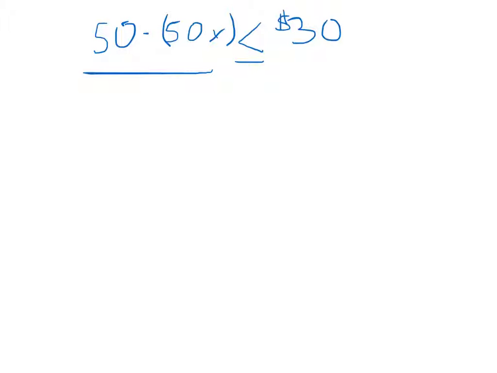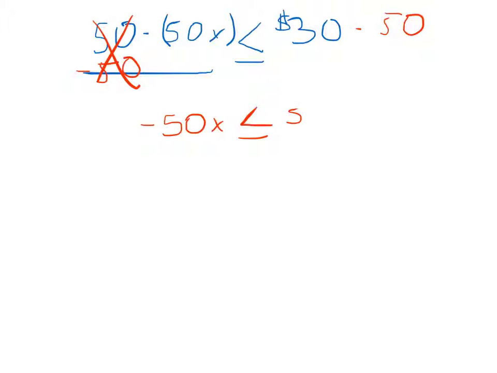The first thing that we're going to do is go ahead and subtract the 50 from each side, because it's possible. Minus 50 over here, cancel that out. Minus 50 over here. So if we write that, we'll have negative 50x is less than or equal to negative $20.